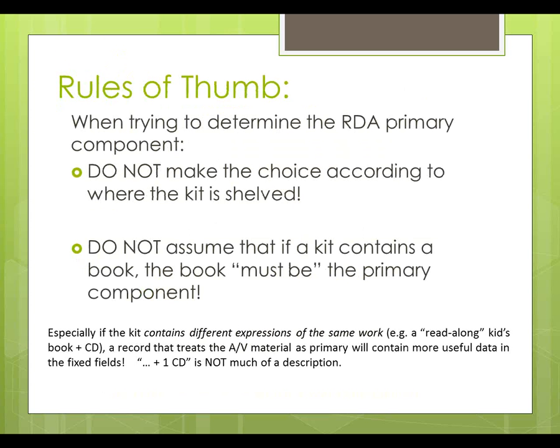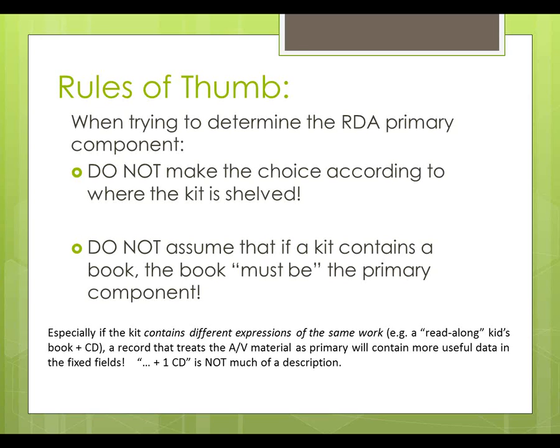Now, that said, I would first of all want to let people know, do not just decide, oh, well, we're going to shelve this kit with the other children's books, so therefore the book must be the primary component. You can shelve a resource anywhere in your library. That information all gets entered when you're creating the item record.